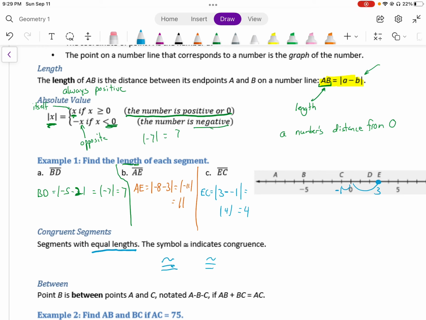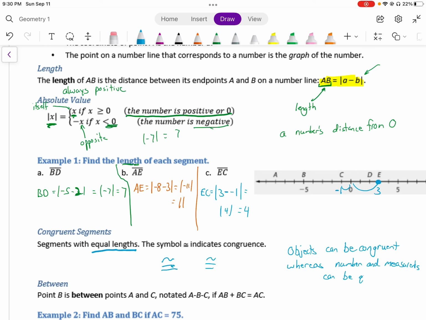So objects can be congruent, whereas numbers and measurements, because a measurement is a number or uses a number, can be equal.